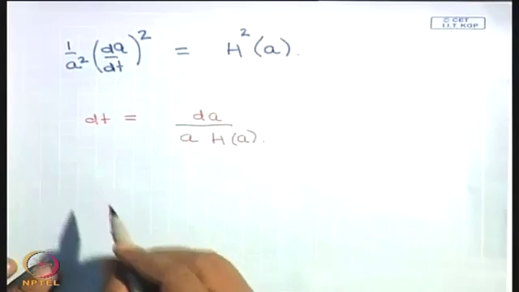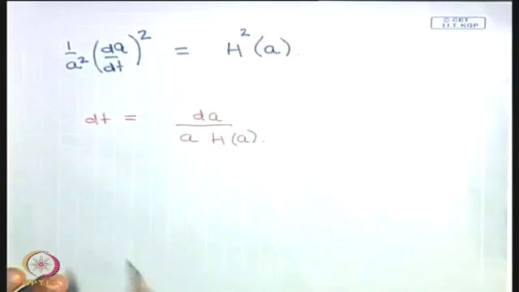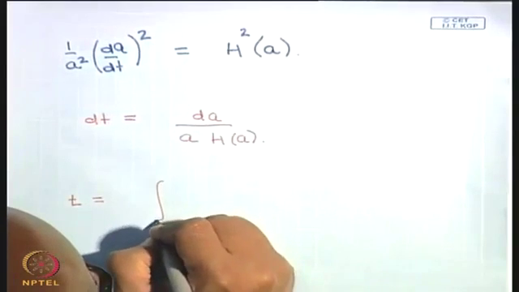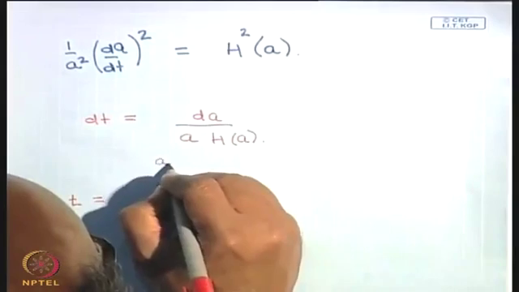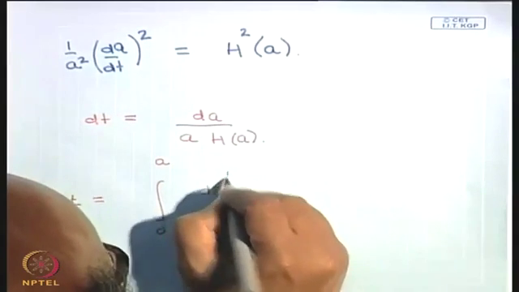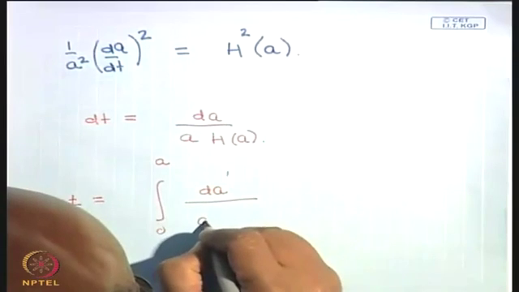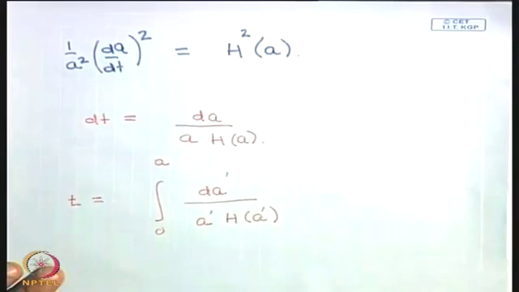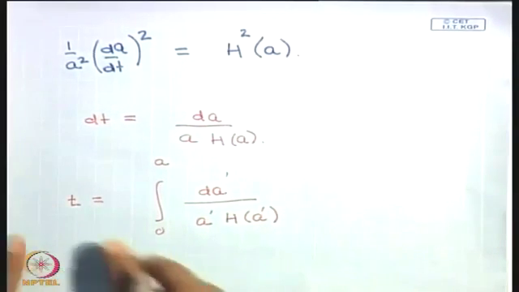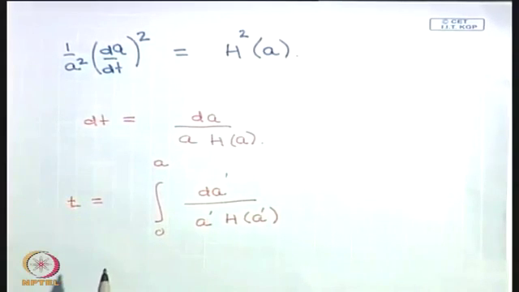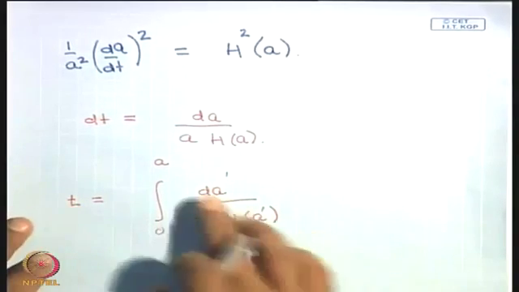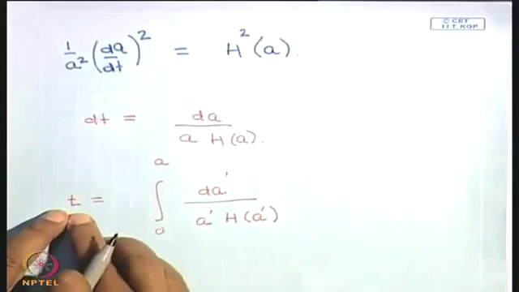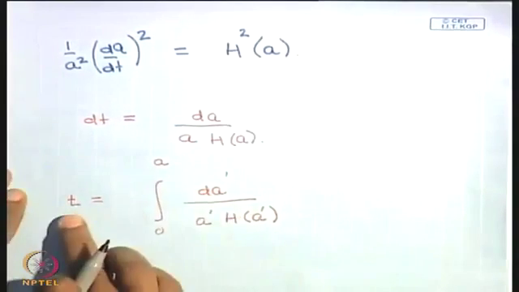If you want to solve for the scale factor at any instant of time, you have to do this integral from 0 to a of da' over a' H(a'), and there will be a constant of integration which we set to 0, because we would like the big bang to occur when t is equal to 0. Okay. So to determine a as a function of time, you have to integrate this. This will give you t as a function of a, and you have to invert this to get a as a function of t.